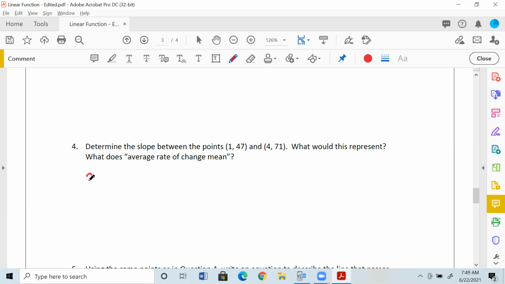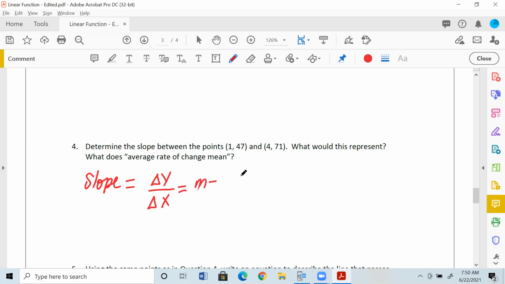Our slope formula can be found by looking at the change of Y values. Change is represented by this triangle, delta, over the change in X values.